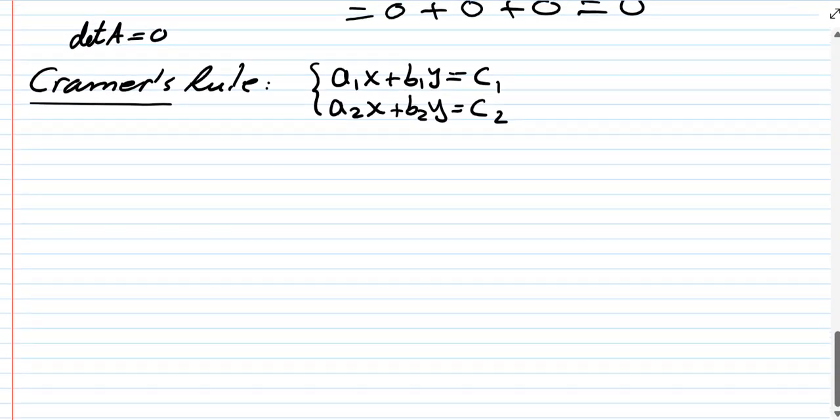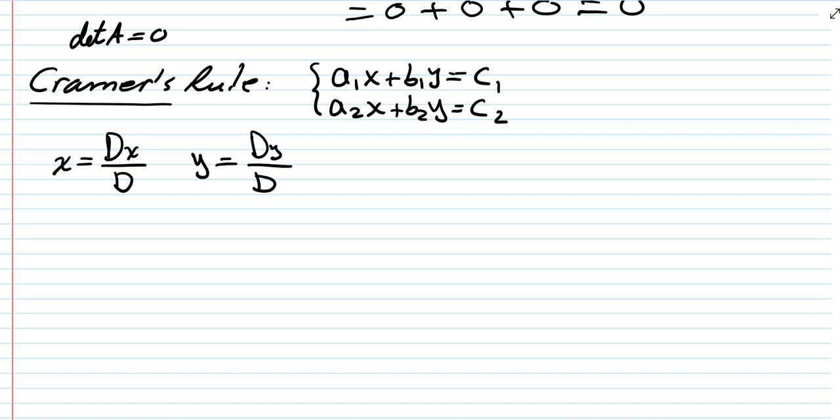It's kind of like a canned product, okay? And here's what the solution to the system is. x is equal to d subscript x over capital D, and y would be d subscript y over capital D. Now, what are the d's here?